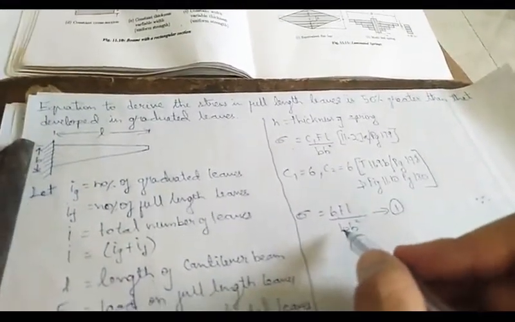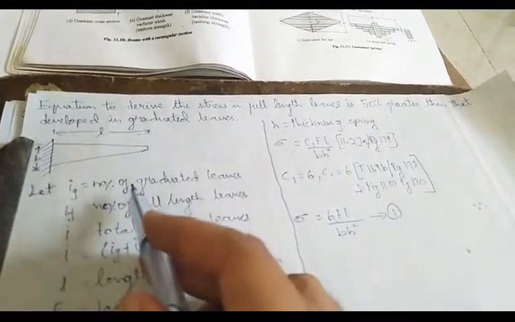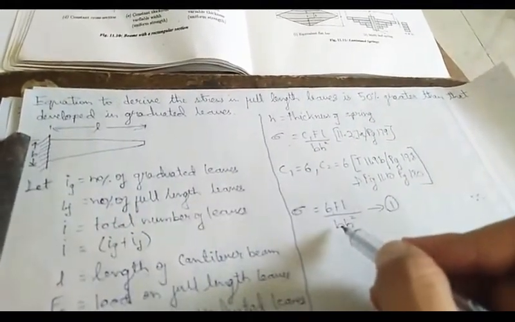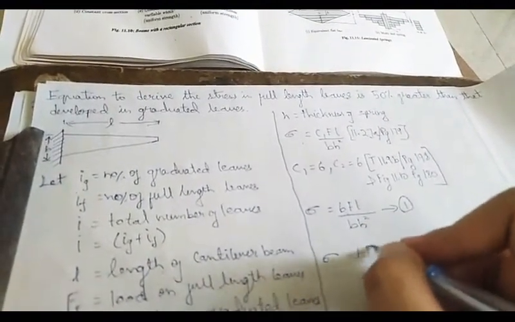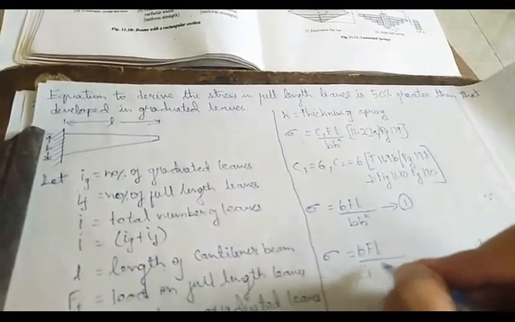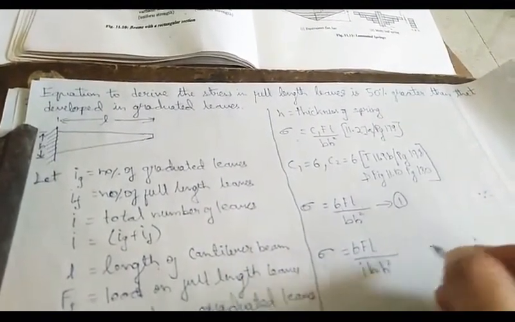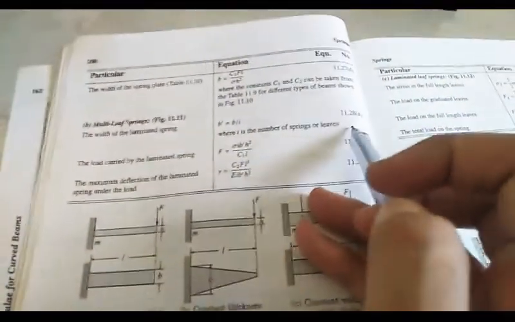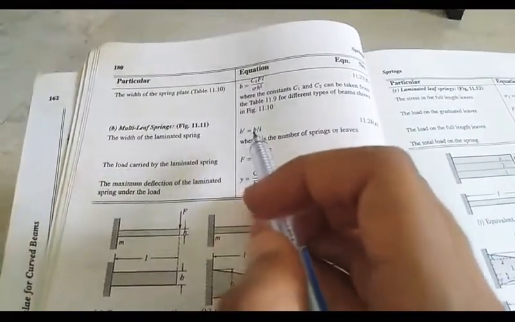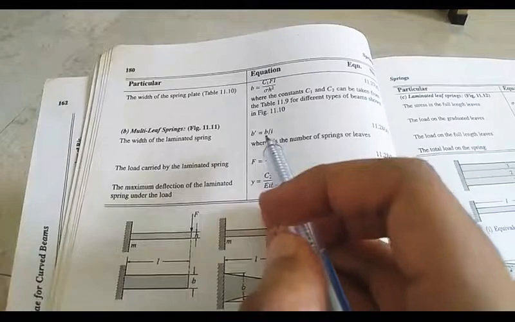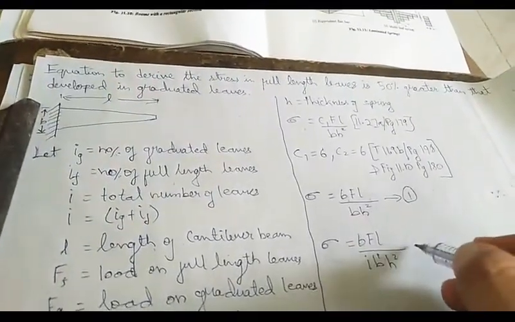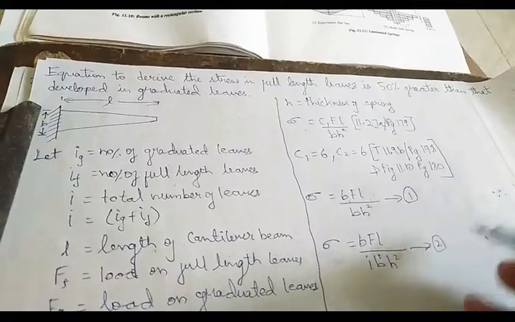Here they have given only for a single leaf. So if we are taking I number of leaves, then sigma would be 6 FL by I B H square, because here they have given in equation 11.28a B dash is equal to B by I, where I is the number of springs. So I'll substitute B dash into I in place of B. We shall call this equation 2.